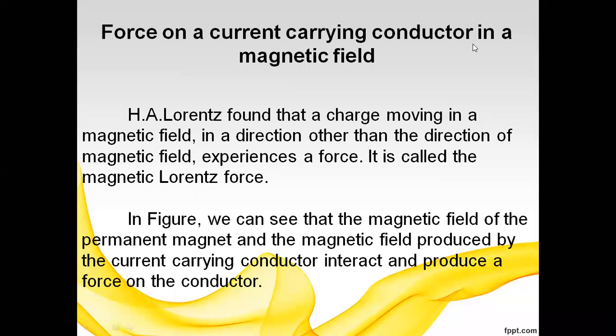So in a current carrying conductor, the charges, positive and negative, are flowing through the conductor. This current carrying conductor is placed in a magnetic field, which indicates the direction of the magnetic field.